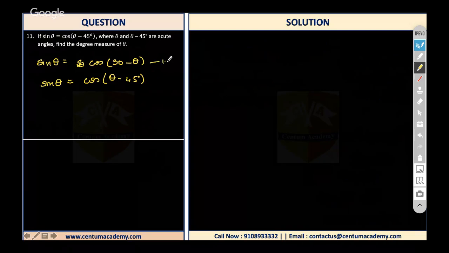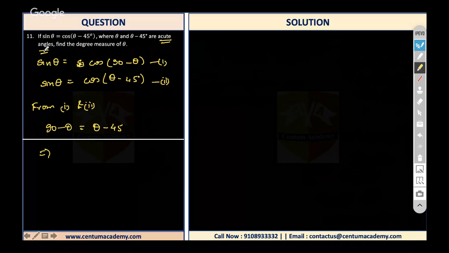Okay, so from 1 and 2, you can write 90 minus theta is equal to theta minus 45, isn't it? So that means, this implies, now actually acute angle is mentioned, right?